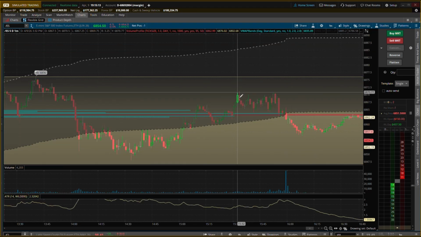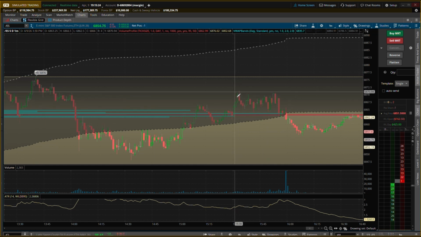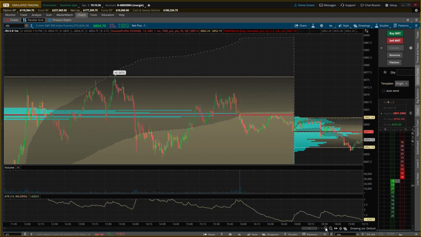Well, we did get this move back up. I didn't have my profit target above the high or at the high because the trend had already been going on for quite some time. So I just set the profit target low, and I exited this trade at a profit, which fortunately erased the losses that I had early in the session. And these are the trades for today.